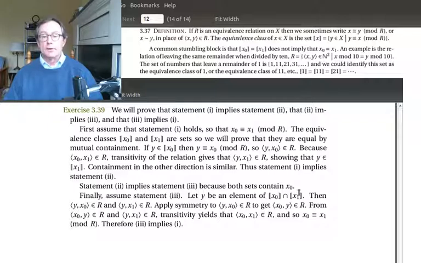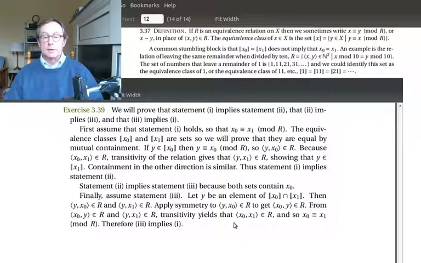And then finally, for 3 implies 1. So you assume statement 3, assume that the intersection of the equivalence class of x naught and the equivalence class of x1 is not empty. So that leaves you able to take y as an element of that. And we aim to show here that x naught is equivalent to x1 modulo r. Okay, so then y comma x naught is in R and y comma x1 is in R because y is in both equivalence classes, so I can say that y is related to x naught and also y is related to x1.